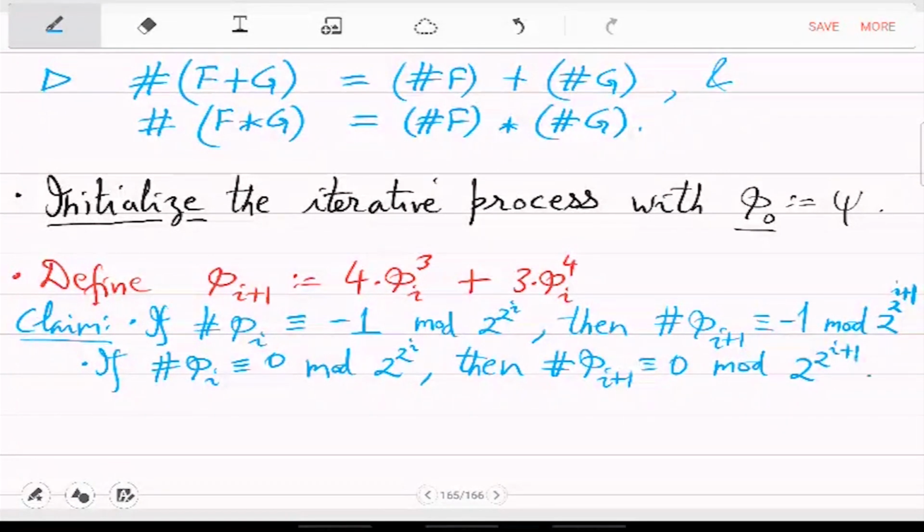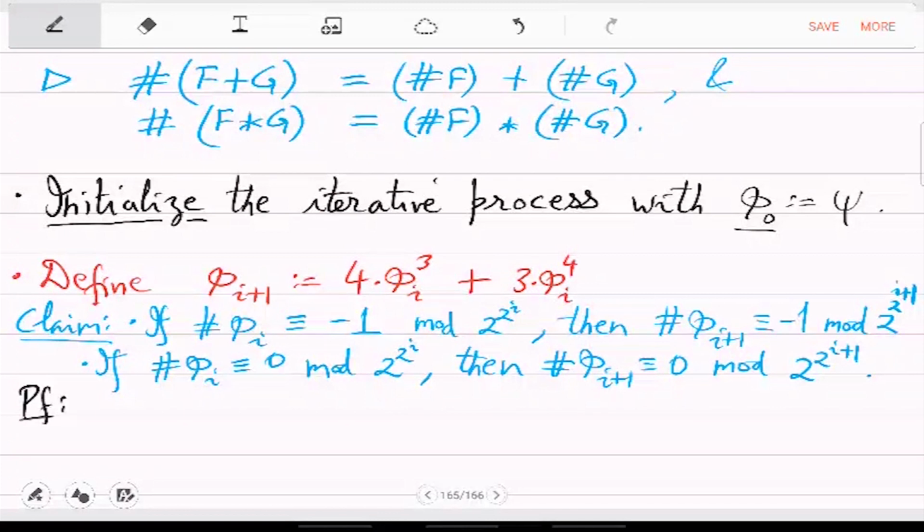Okay, so that is the interesting property of this 4 times cube plus 3 times 4th power. So if you haven't seen this formula before, then you may be surprised how this is happening, and that is a simple calculation. So let's see the proof.